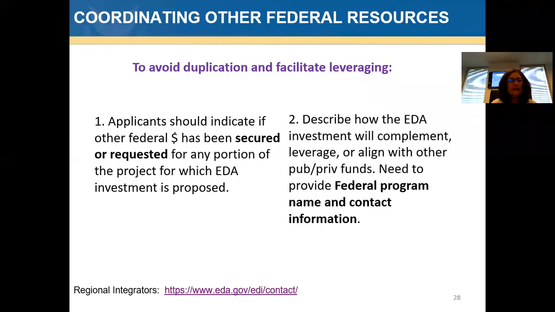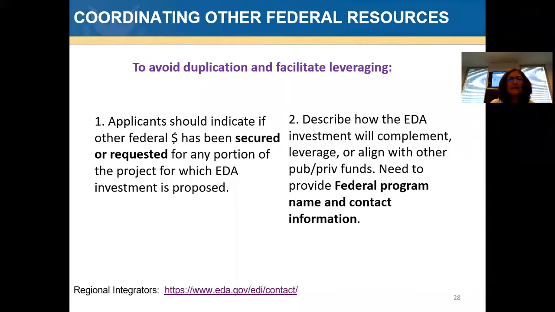We have requested that applicants indicate if other federal funds have been secured or requested for any portion of the project for which EDA investment is proposed. So that helps us avoid duplication, which is illegal, of two sources of federal money paying for the same thing.